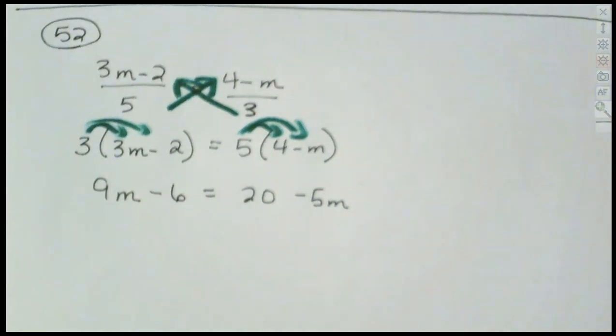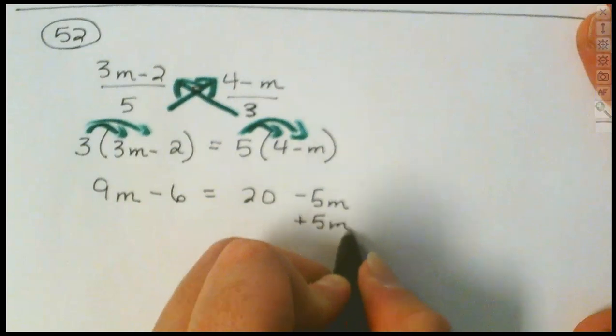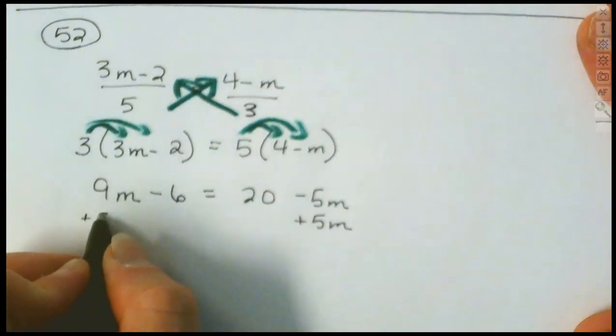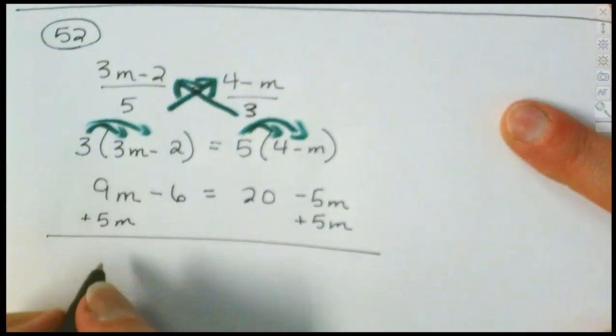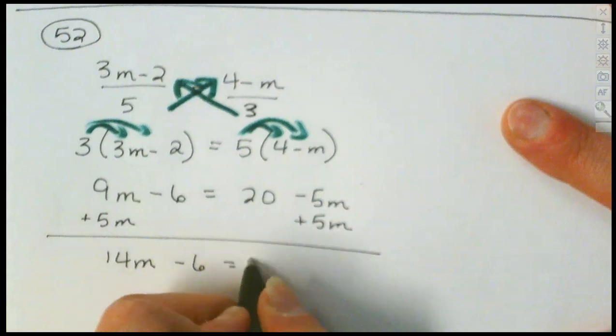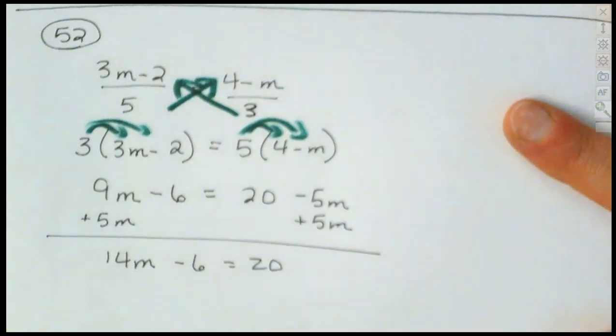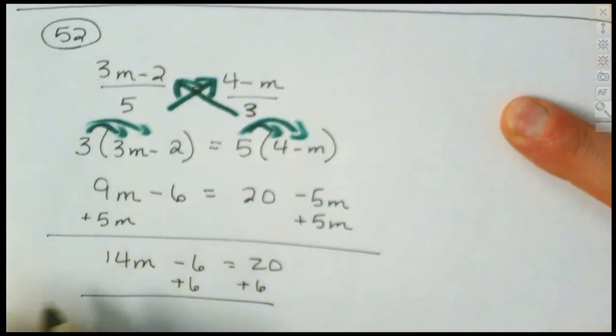Now what do we want to do? Solve it for m. So we're going to move that 5m over, like we've done many, many times before. So that leaves you now with 14m minus 6 equals 20. We're going to add our 6 to each side.